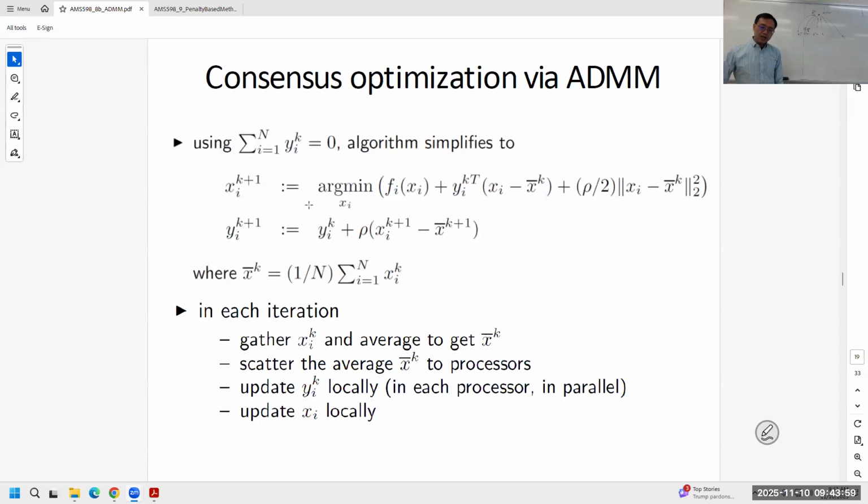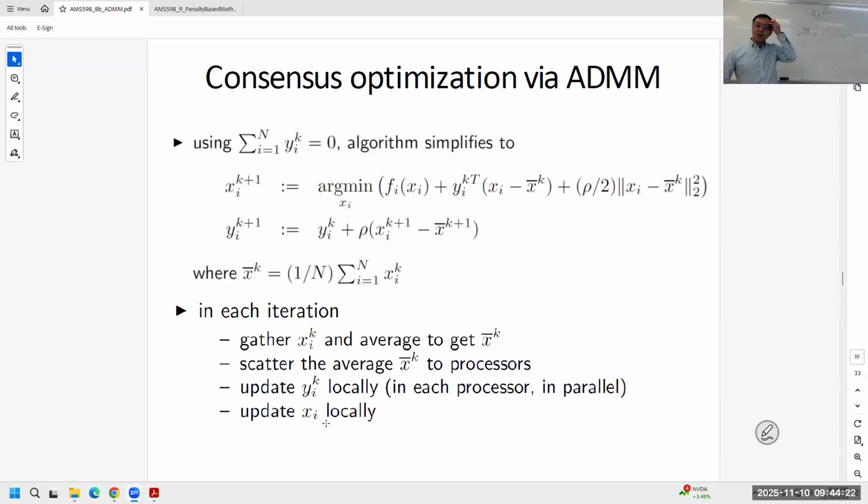you can do the local optimization, okay? Local optimization, where yi is given and x bar is given, so the only thing you don't know is xi. Then you update your xi locally, then send it to calculate the x bar, and then the x bar is scattered so they update locally, updating yi and xi correspondingly.